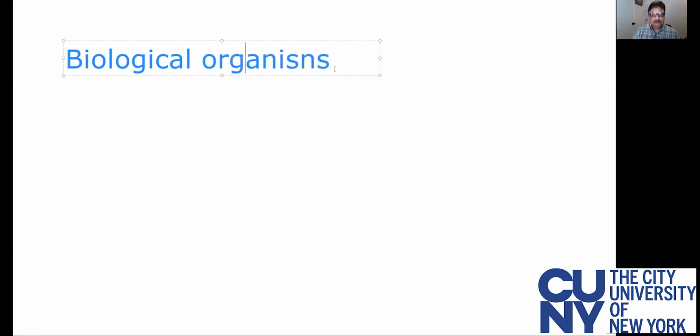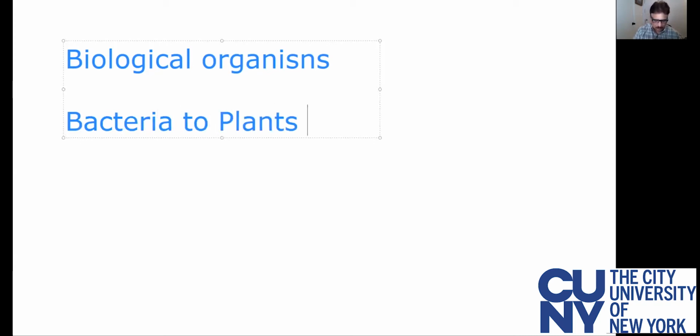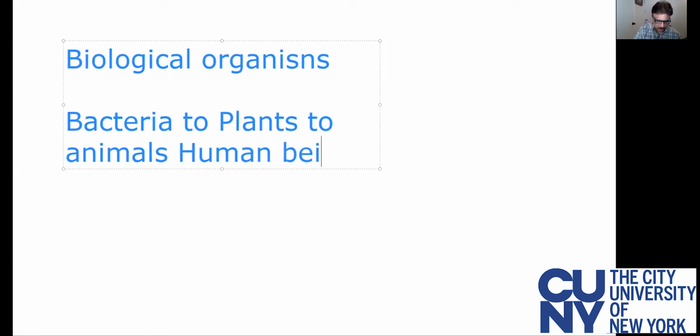Because it ranges from bacteria to plants, animals, and this also includes human beings. Huge catalog of living organisms. So when we want to study, what is the best way to study these diverse organisms? Is to organize it, is to classify it.